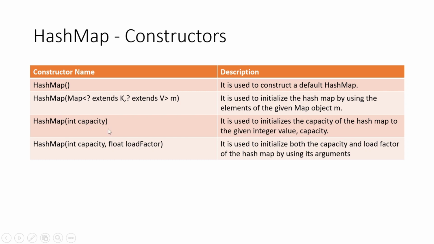It is used to initialize the capacity of the HashMap to the given integer value. So if we specify the capacity, it will start with that capacity. There is another constructor with the load factor, used to initialize both capacity and load factor of the HashMap using the arguments.